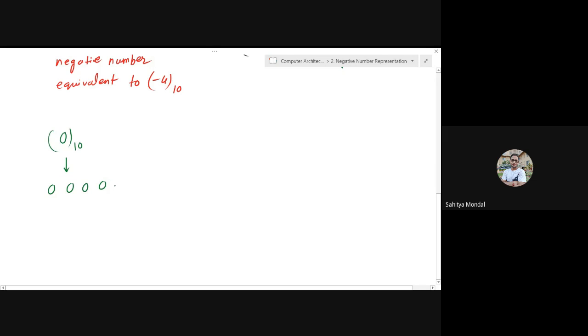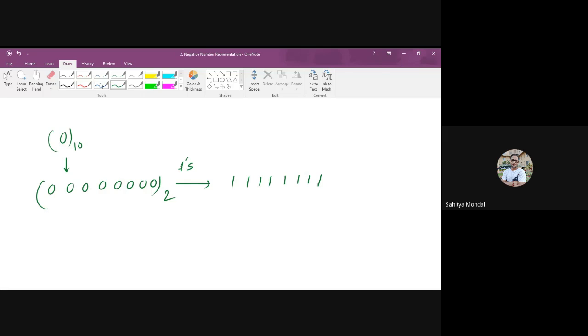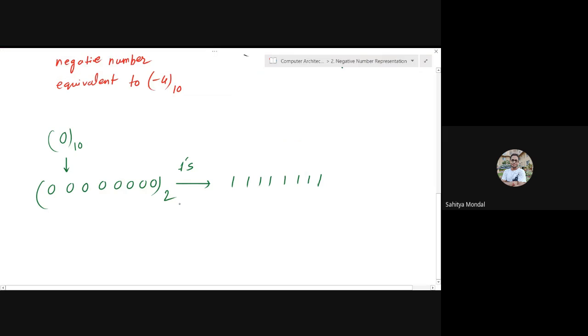So this is the equivalent binary digits in 8 bits for 0. Now if I want to make the ones complement of this number, what do I get? I get 8 ones, right?